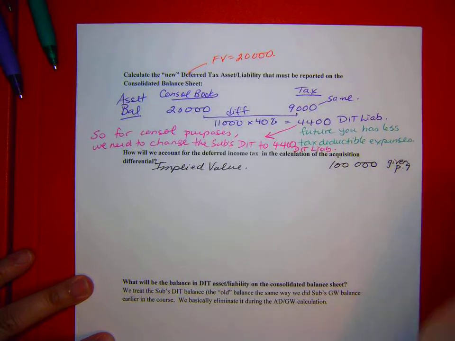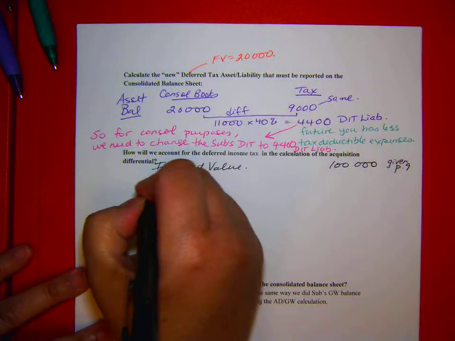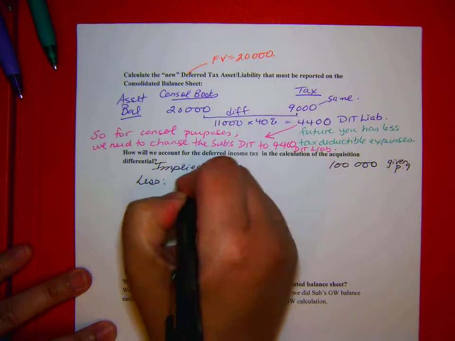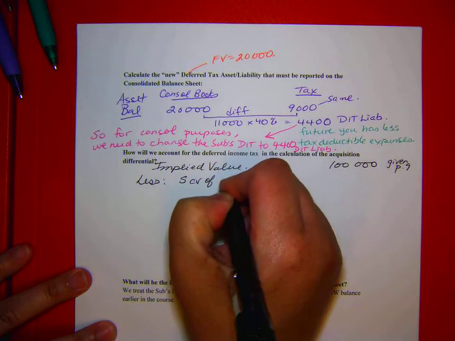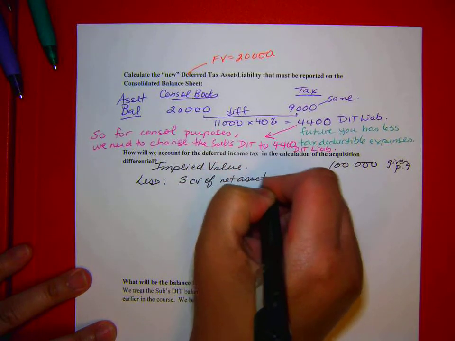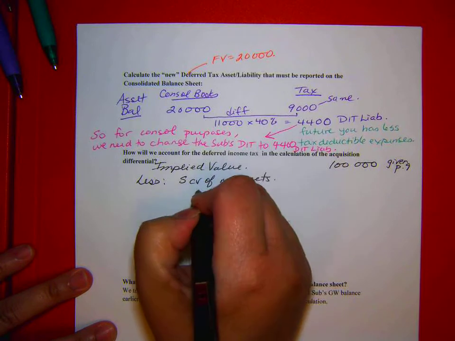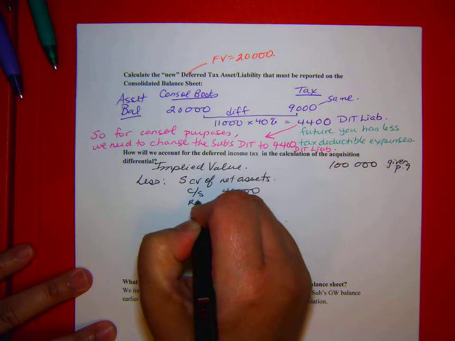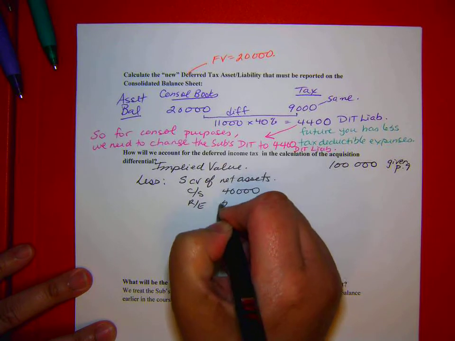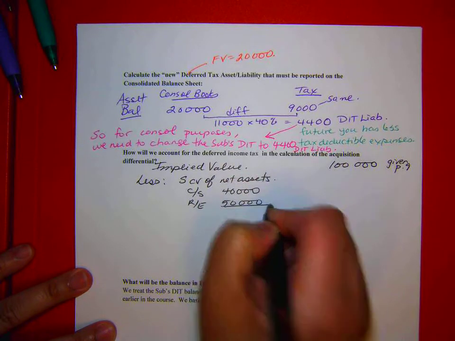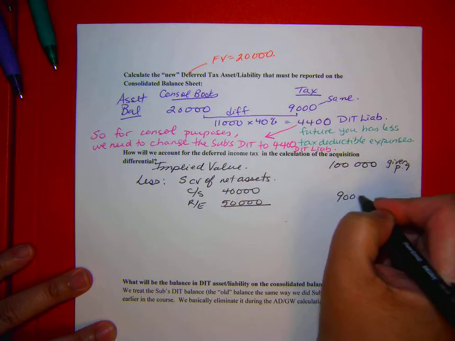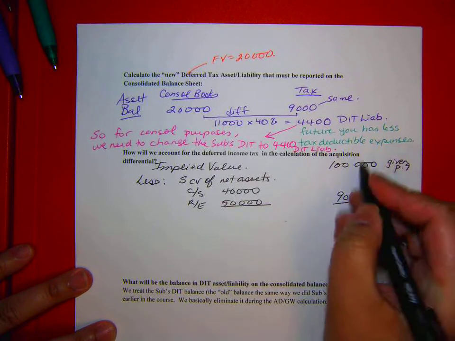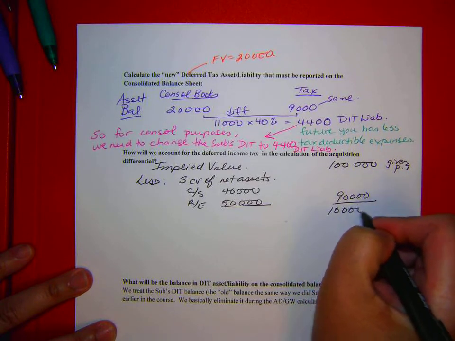Page 9. Then we take away the sub's carrying value of net assets. Is this sounding familiar, or have you blocked it out? Common shares are 40,000, and retained earnings are 50,000. 90,000, which gives us 10,000 of AD.